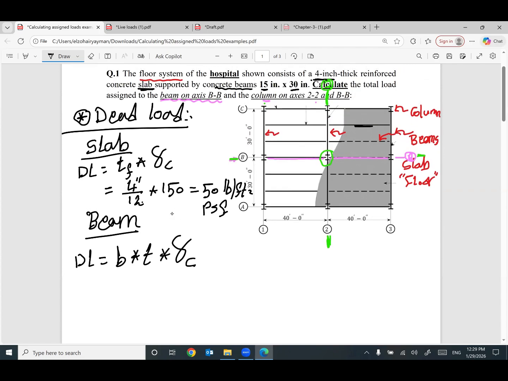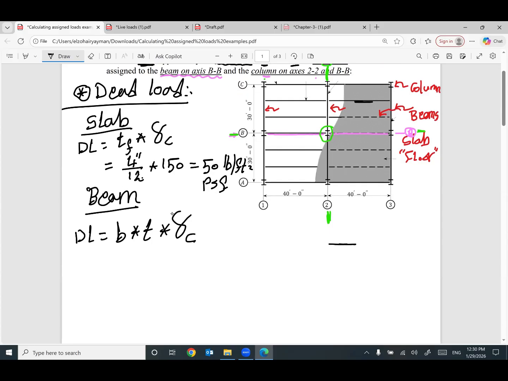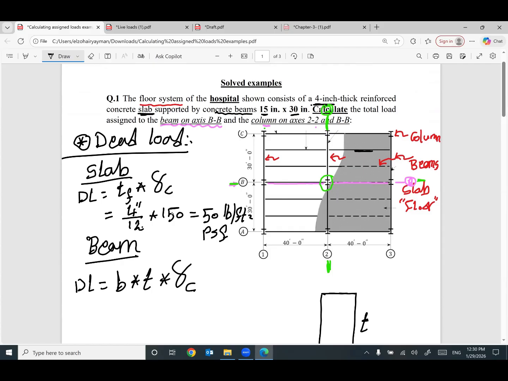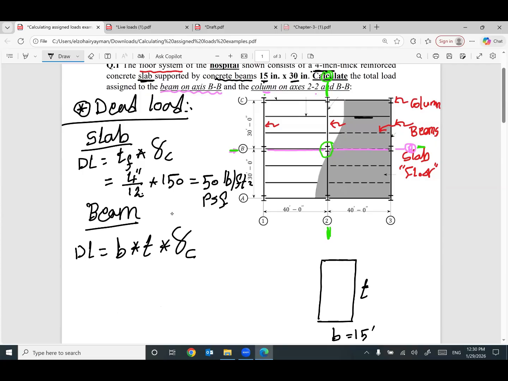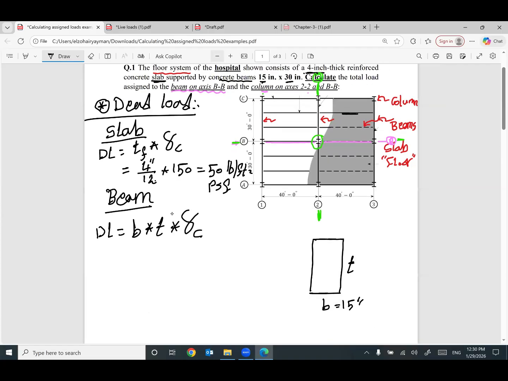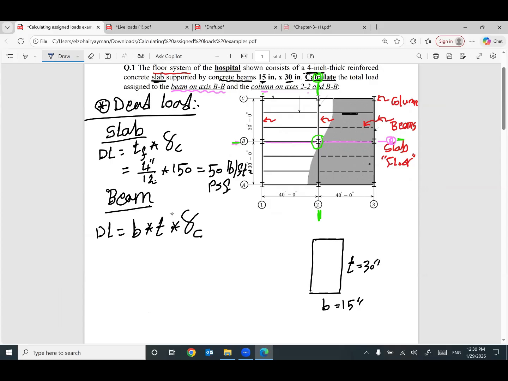There is a very important point you have to understand here. If we are talking about the beam, this is B and this is T. The B is given as the smallest number, like 15 inch. The value of the T is given as 30 inch. But we have a little hint, or a little trick. Keep in your mind, this beam is connected to the floor.